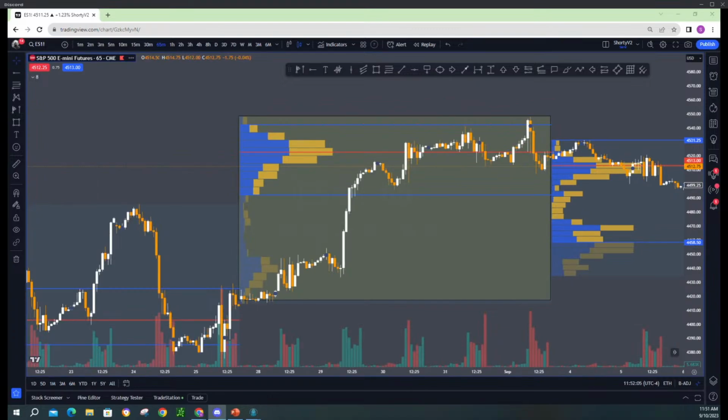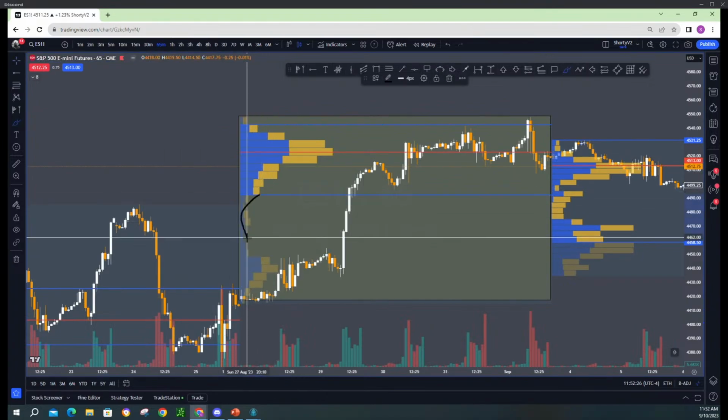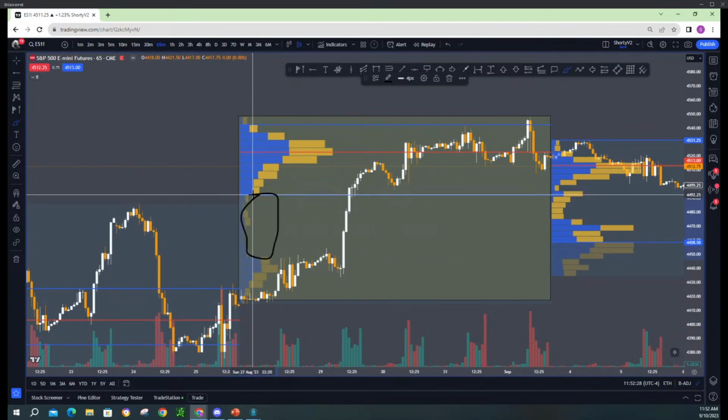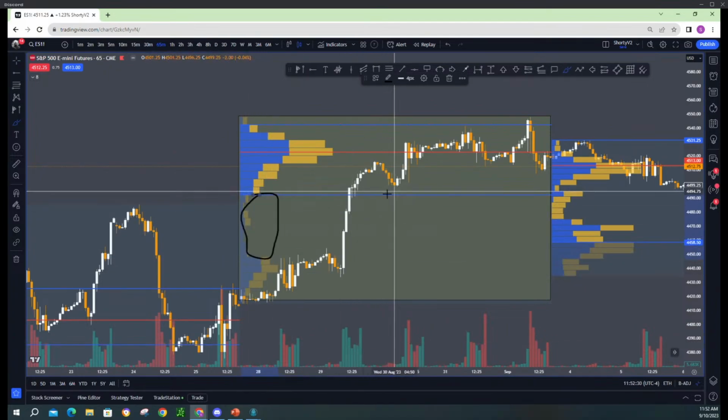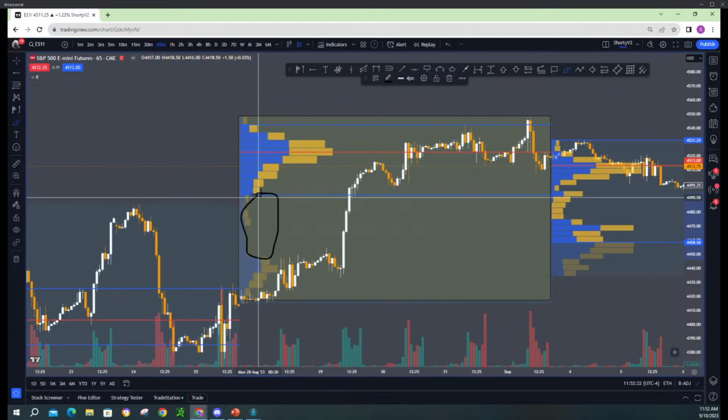Sorry, I just had a lot of things happening in the background. Could you repeat your question? Where's the low volume node in this highlighted area? Where's the high? Where's the low? The low volume node would be at the bottom of the value area low. Low volume node means there's no volume, and that would be here, outside of it.